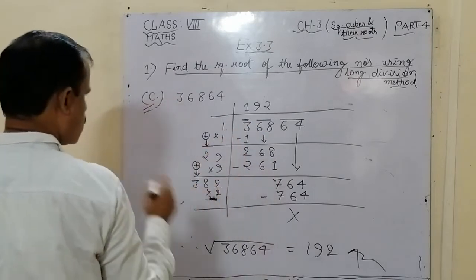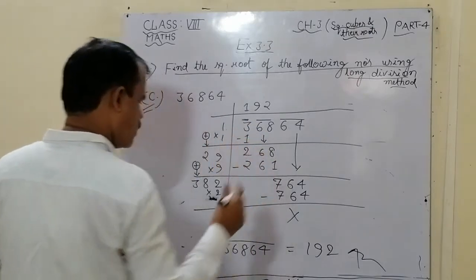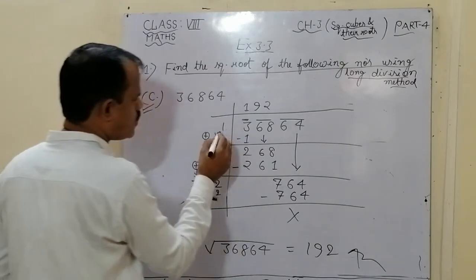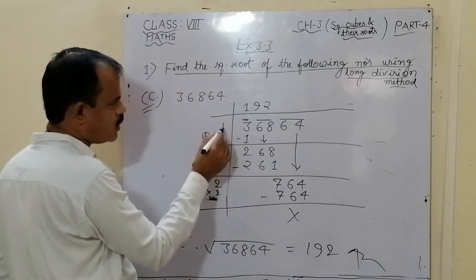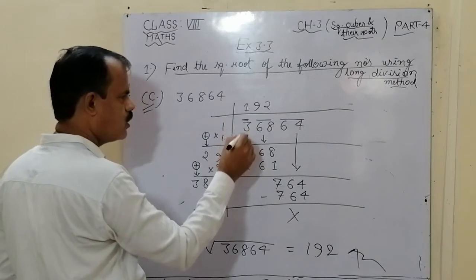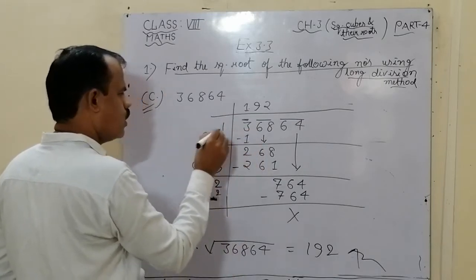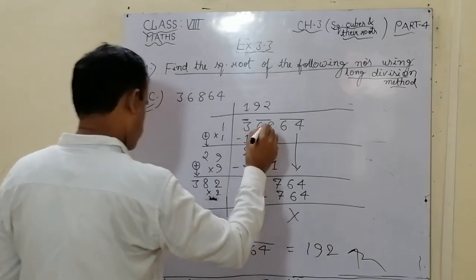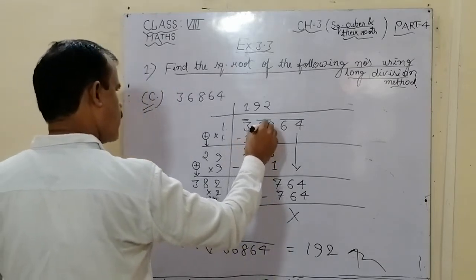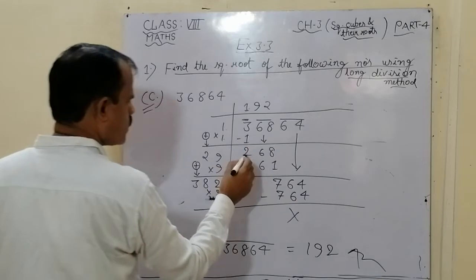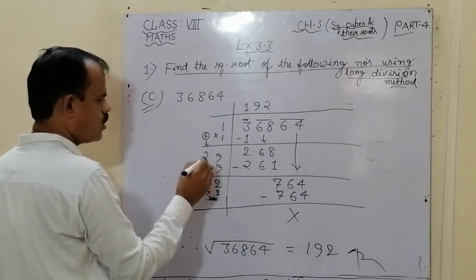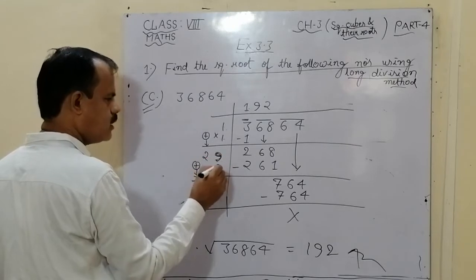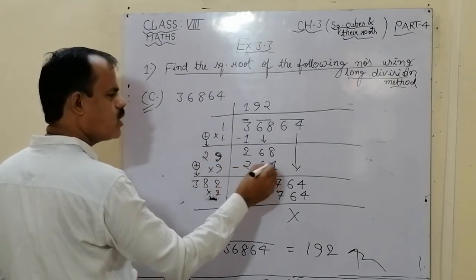Which number's square is closer to 3 or less than 3? That number is 1. Square of 1, 1 into 1. Here we write 1. 3 minus 1 is 2. 1 plus 1, 2. Now we bring down the pair 68, so it becomes 268. Now 9. When we write 9 into 9 here, it becomes 261.